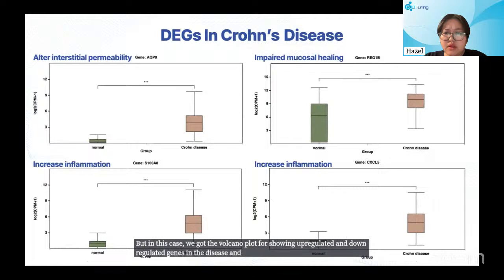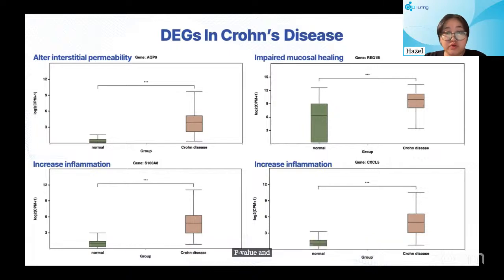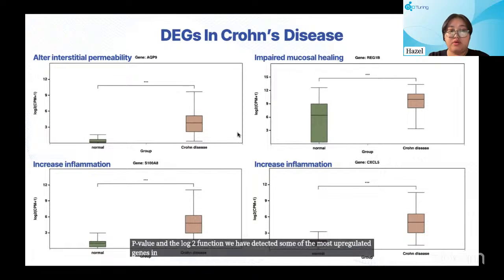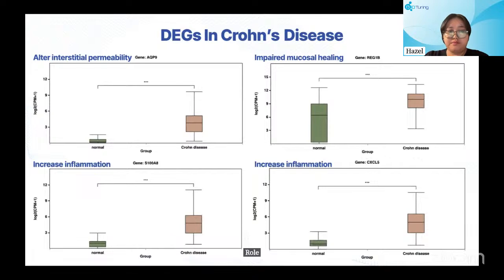When we look at the summary table based on the p-value and the log2 fold change, we have detected some of the most upregulated genes in Crohn's disease. As you can see, we got 4 genes here. Now let me go deeper into each of the genes here and what their roles are in the disease. First of all, we got AQP9, or aquaporin 9.